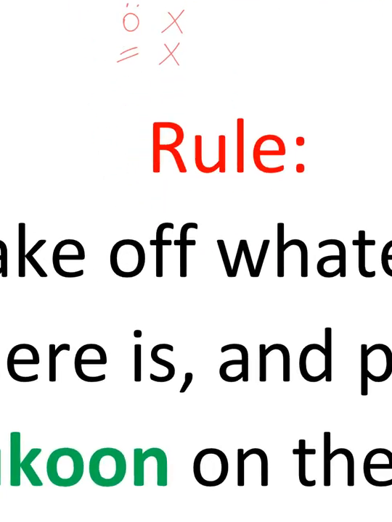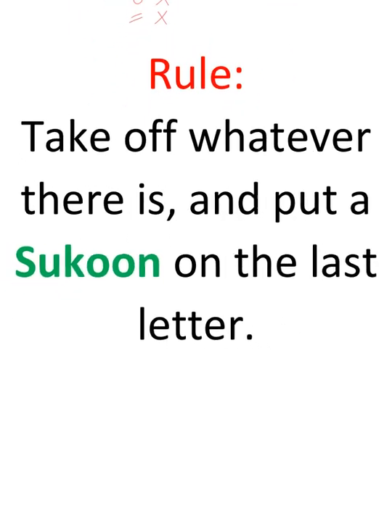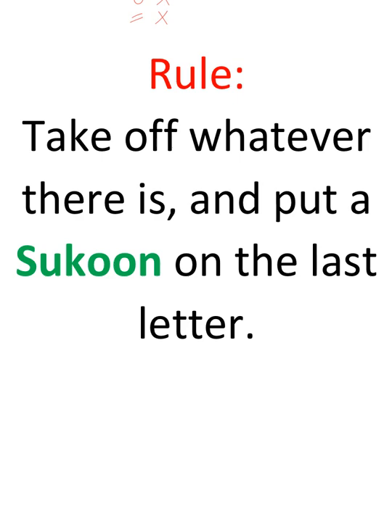Take off whatever there is and put a sukoon on the last letter. So that's the main thing. We will take off the fatha or the dhamma or whatever there is, and we will put a sukoon on the last letter. Let's just look at the same examples again.